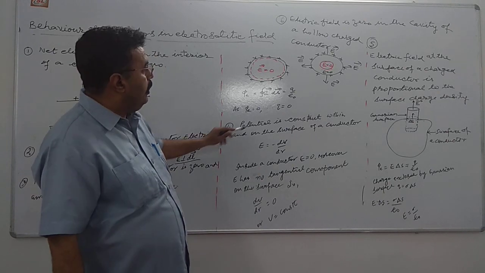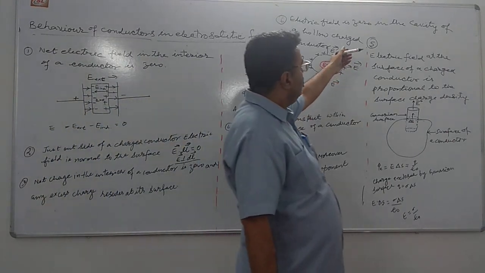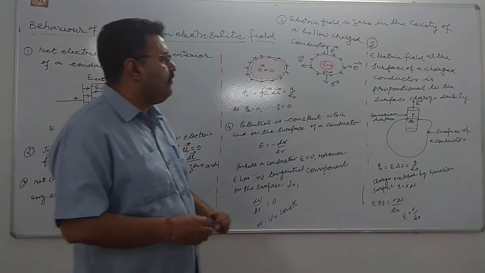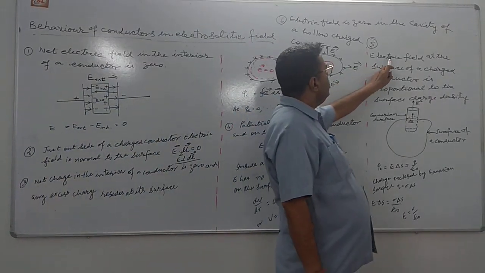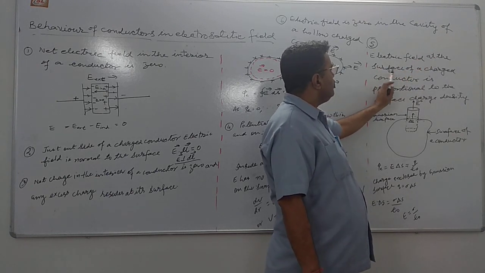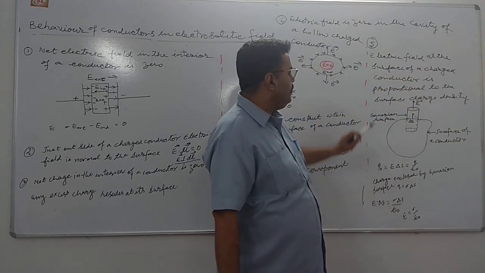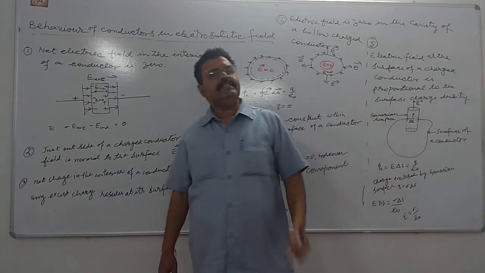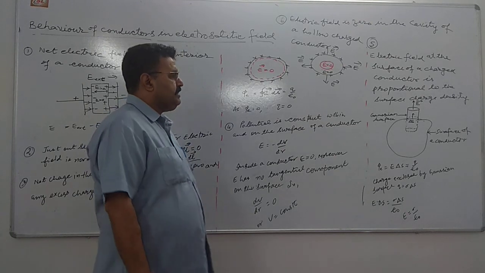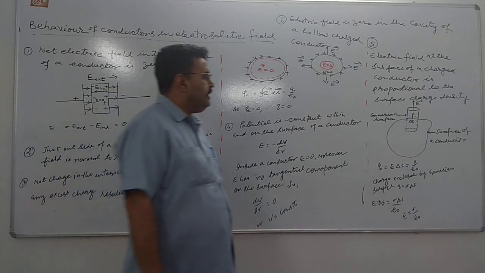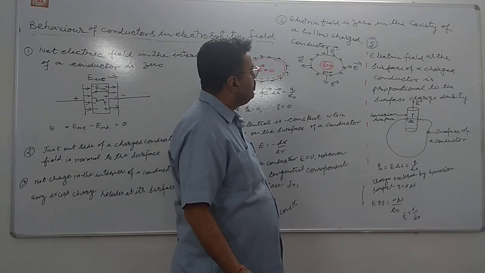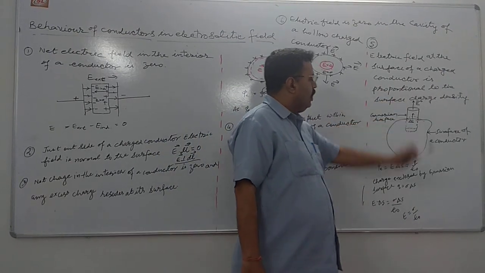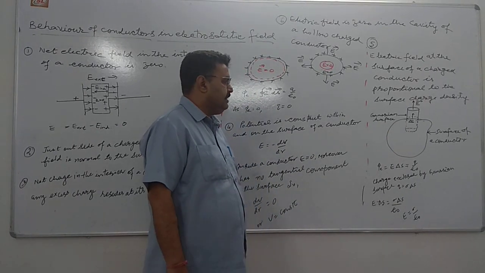Then the fifth point: the electric field at the surface of a charged conductor is proportional to the surface charge density. Surface charge density is the charge per unit surface area. So the electric field is always proportional to the surface charge density.